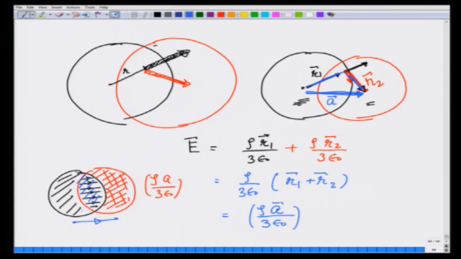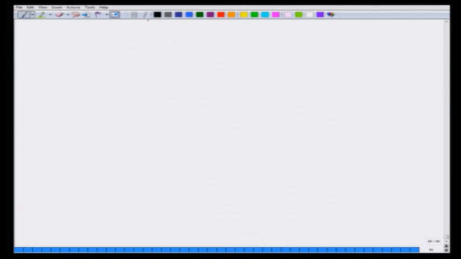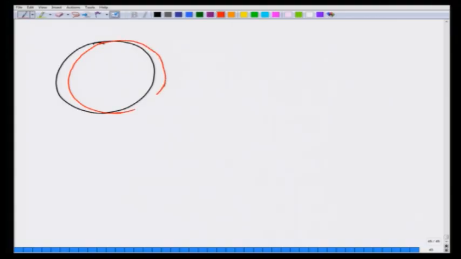Now, we are going to use this fact to derive the field due to a surface charge distribution. Let me now take these spheres to be overlapping over most of the regions, and they are displaced by a small vector A. These are the centers. Let us now take how much is the charge in this region.